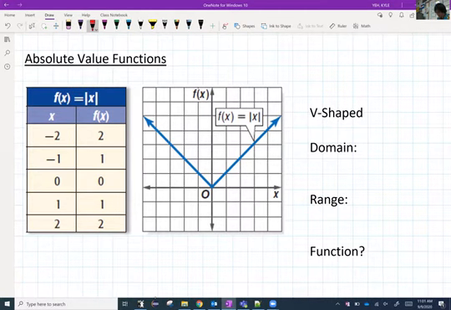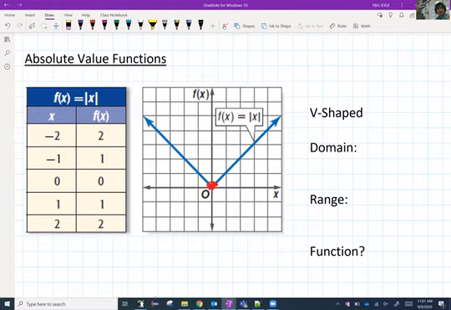That's my own term. If you tell that to another math teacher, they probably won't know what you're talking about. But where it's going down, down, down, down, and then it rebounds and starts going up. So it's the base of the V. Find that rebound point, and then just plug in a few values on either side till you get your V shape. So we're going to be making tables for these, and we'll do a couple problems.